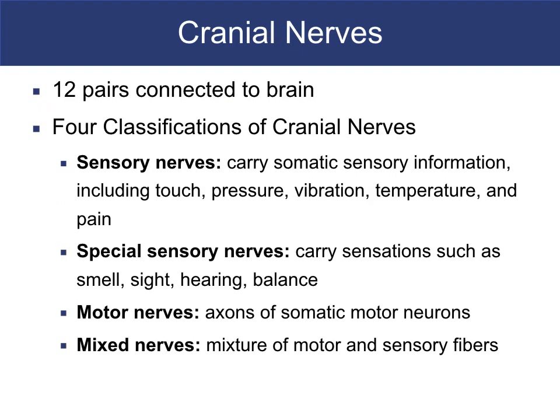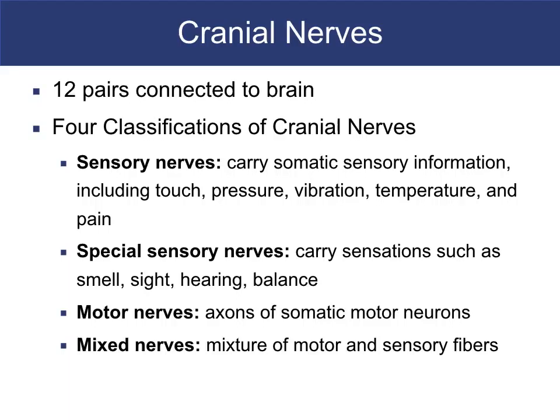Okay, let's talk about the 12 cranial nerves. It looks like we're to that point. Okay, here's the deal. Our body has 31 sets of spinal nerves, right? C1, C2, C3, down to C8, and then T1 through 12, and on like that.